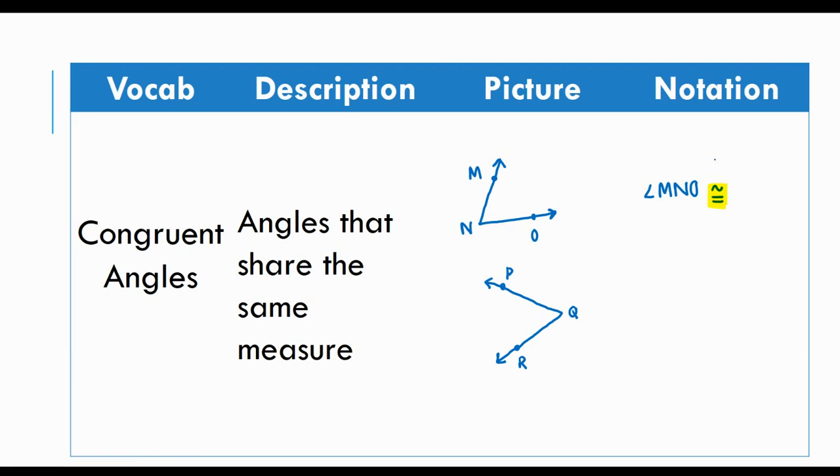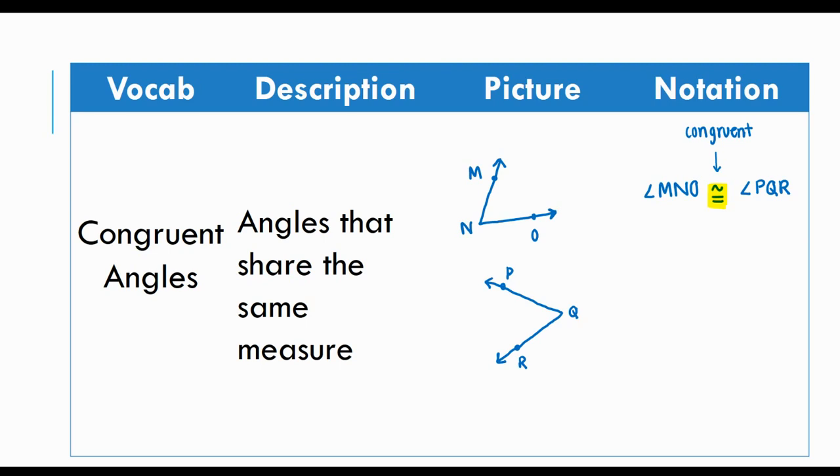Anytime we see that, we can think equal. So if I see angle MNO, then that symbol for congruent, and angle PQR, there's my notation to indicate that they are indeed the same measure.